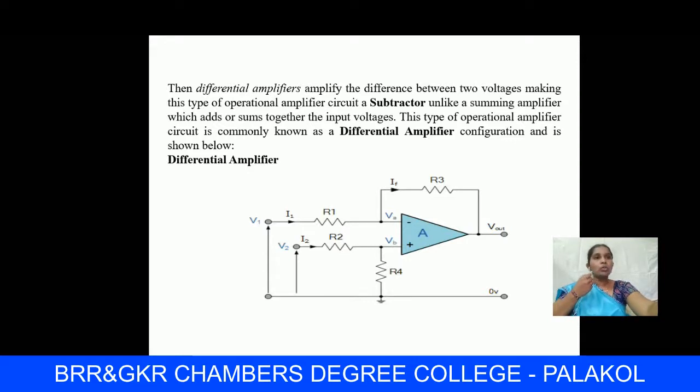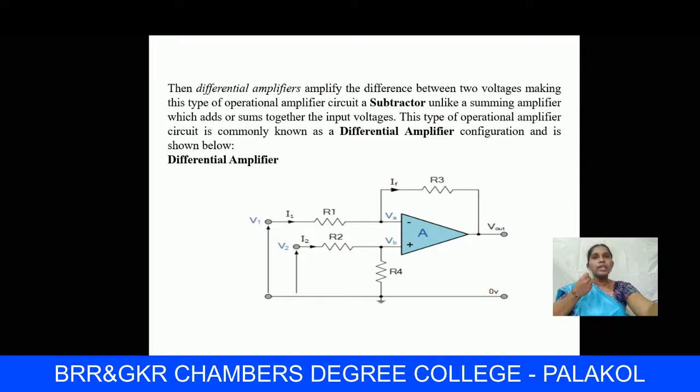Don't get confused, subtractor and differential amplifier are the same. The summing amplifier is also called an adder, that means it will give the sum of the input voltages at the output. But the differential amplifier gives the difference between the input voltages. That's why it is called a differential amplifier.